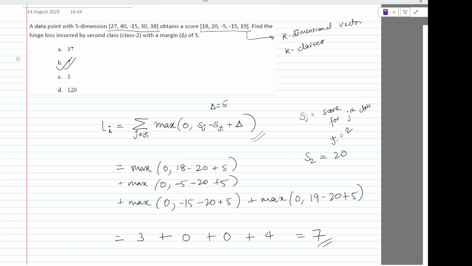So we just used the formula for the hinge loss, and we need to remember that it is computed with respect to each of the classes.